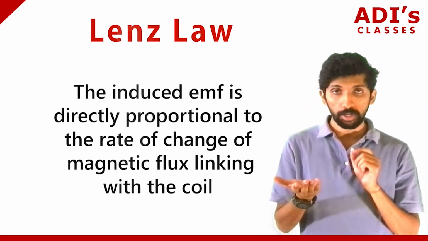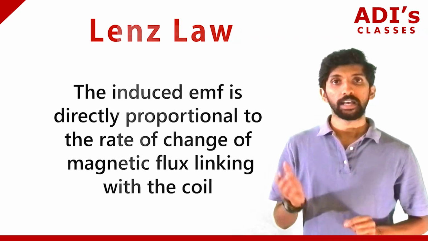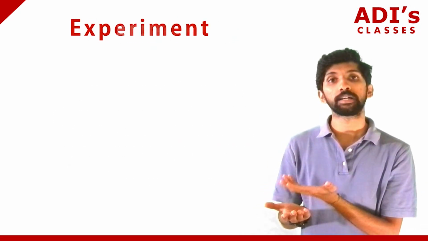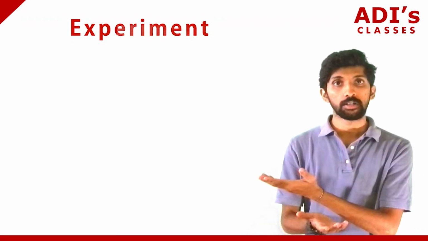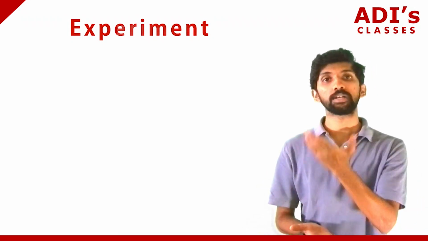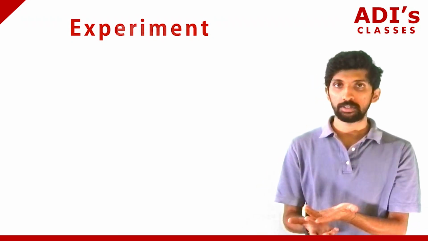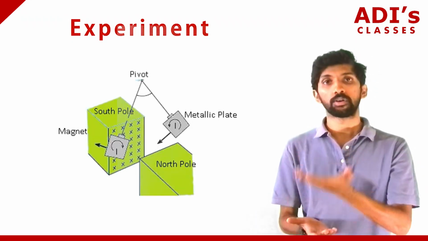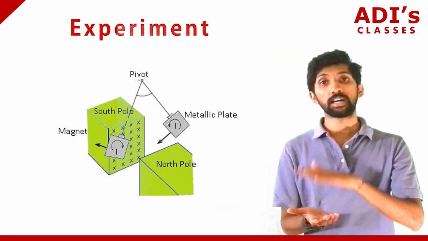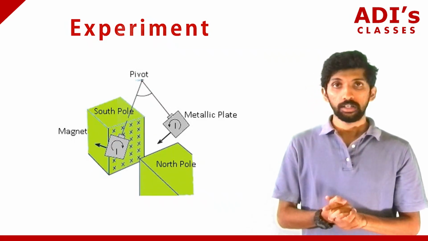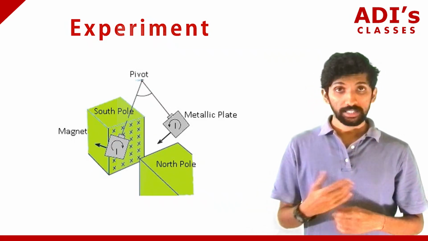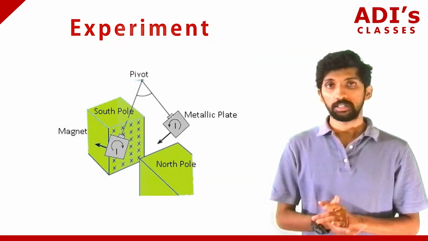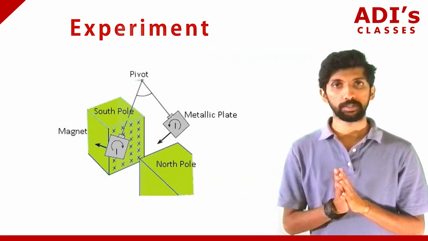So if because of the change in current in the coil we get a north pole, the disc will also get a north pole because of Lenz's law. So there is repulsion, it moves up, then because of gravity it comes down. Again it goes up, again it comes down. So the disc will start jumping around. So this is explained by the eddy currents and Lenz's law. This was one of the very famous experiments.